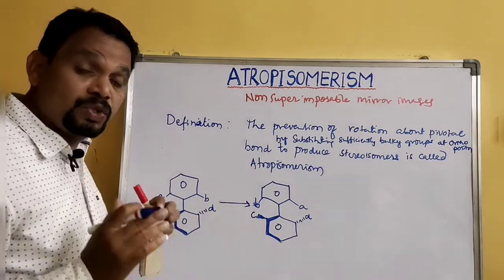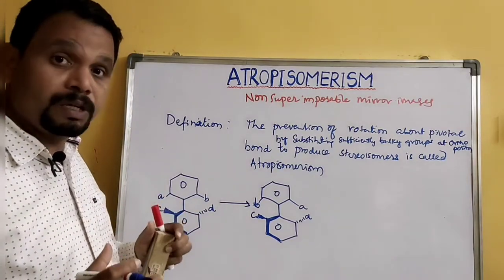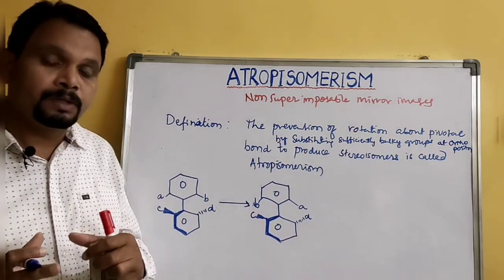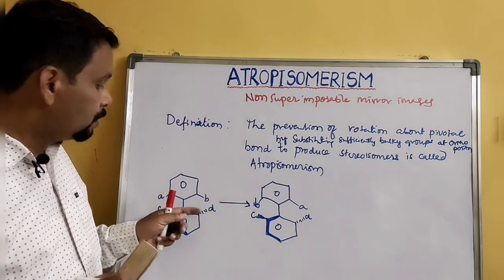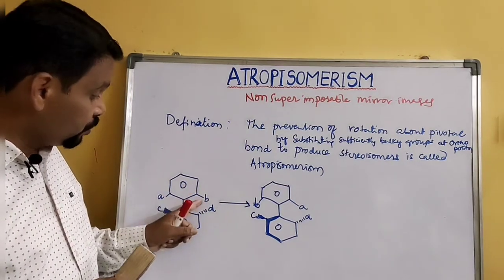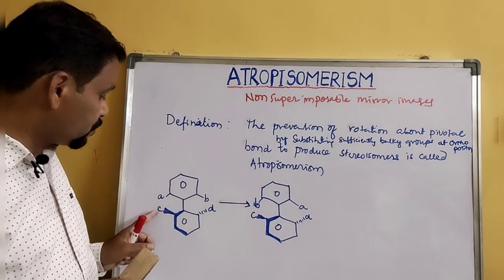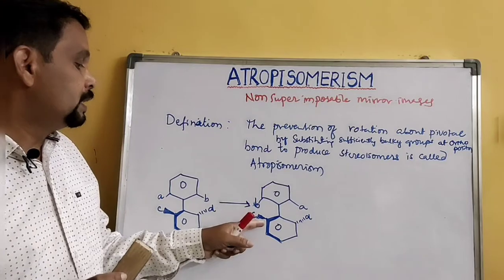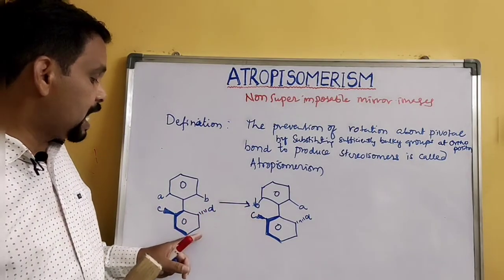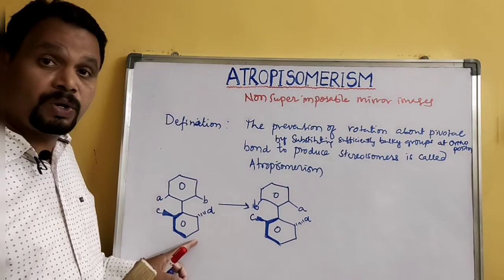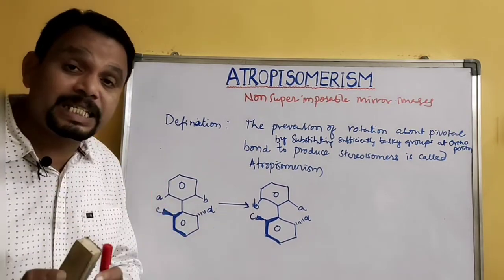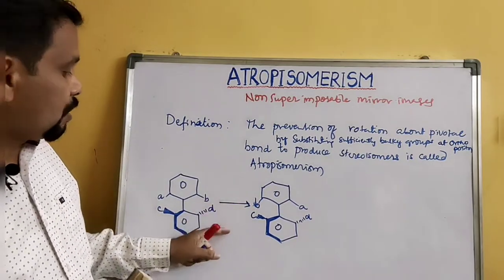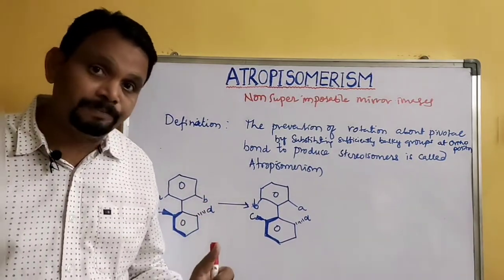They exist as two pure, independent stereoisomers. How? When we substitute these ortho positions with sufficiently bulky groups, this will not convert back. This is called atropisomerism.